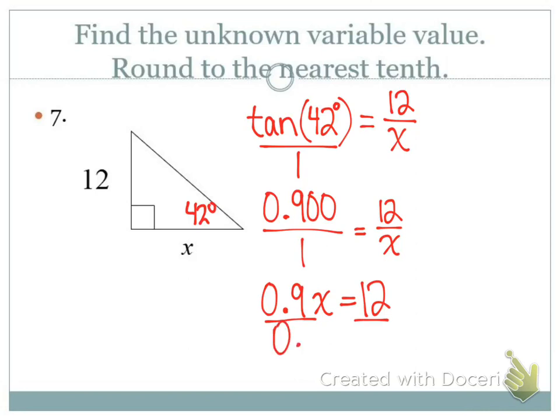Divide by 0.9. Now is when we would officially round to the nearest tenth. X equals, anybody take 12 divided by 0.9? 13.3.